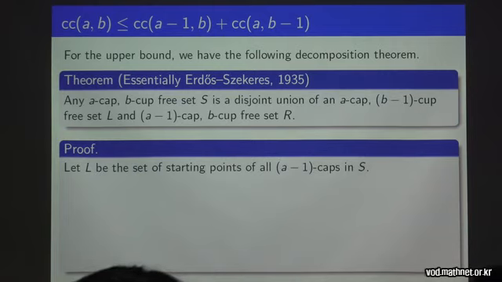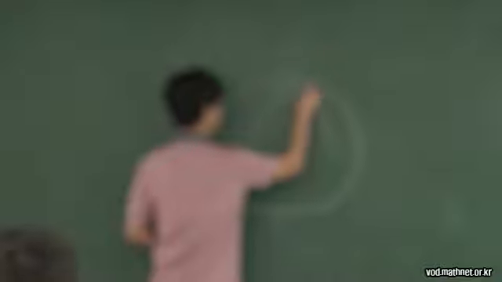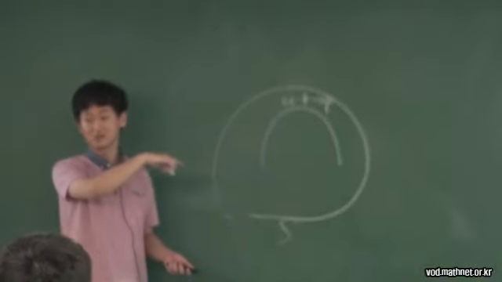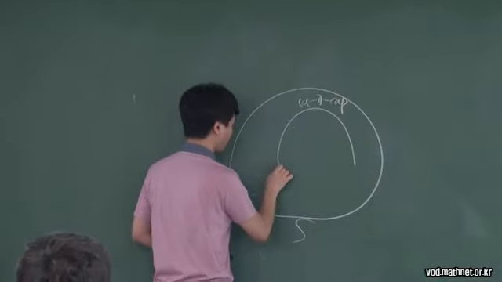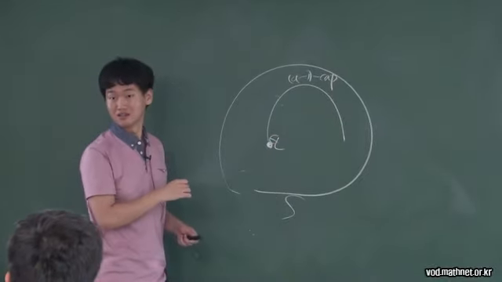So let L be the set of starting points of all A minus 1 caps in S. Like let's say that this is S. Every time we have an A minus 1 cap, which is the tight cap, we add this point to L. Right?